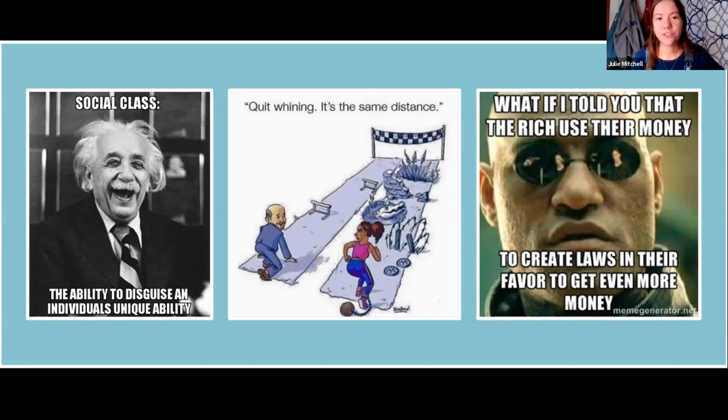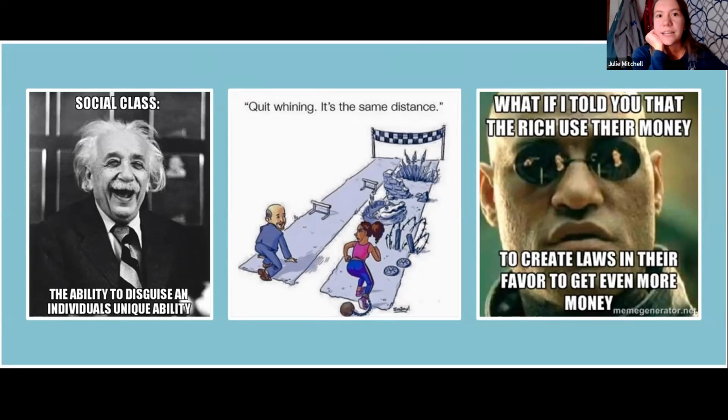And then the second image is "quit whining, it's the same distance." Whenever I stopped and looked at this image a little longer, I think most of us would say that the left lane would be the upper class and the right lane would be our lower and working classes. Although there are still obstacles that both people would have to go through to get to their end goal, it's going to look a lot different. People in the upper classes may have smaller obstacles, maybe a little easier to get over.